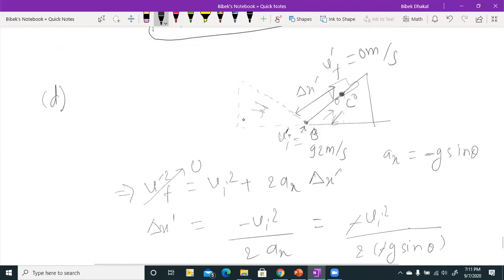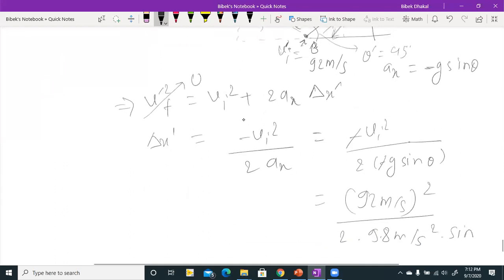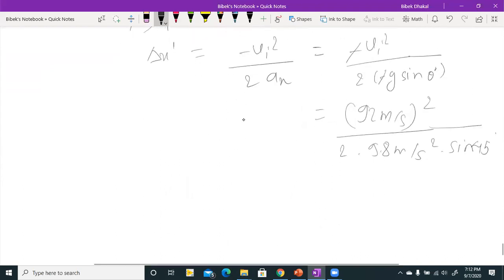It has a different angle. This is a 45-degree inclined plane, so let's call it theta prime, 45 degrees. So I need to change the notation here as well. So it's g sine theta prime, so it's 45. So this gives you a distance of 610 meters.